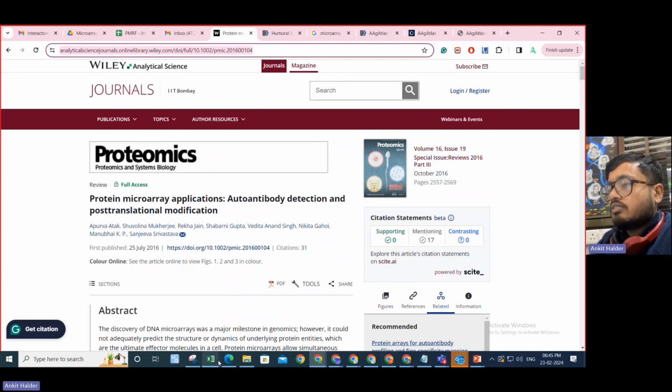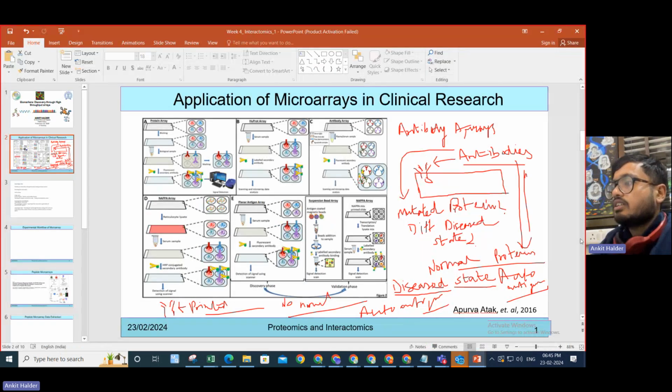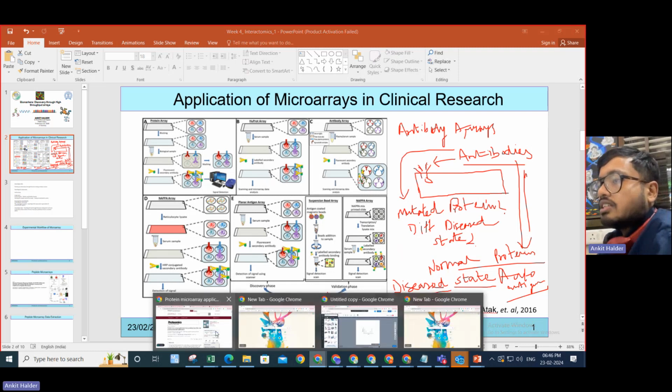Great. So I have given you the resource autoantigen atlas, different types of arrays, why autoantibody arrays can work, and the reverse phase protein arrays and the protein arrays which we have discussed quite a bit previously as well.